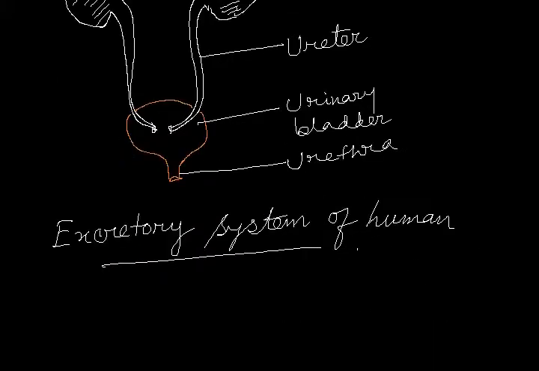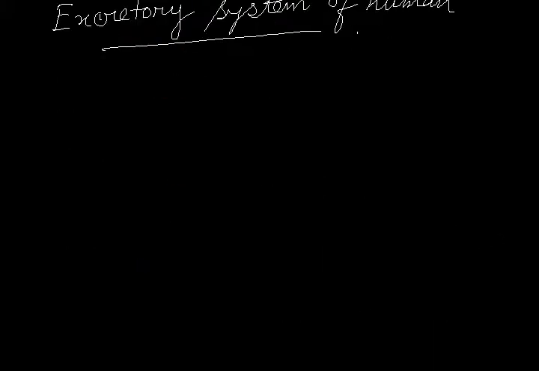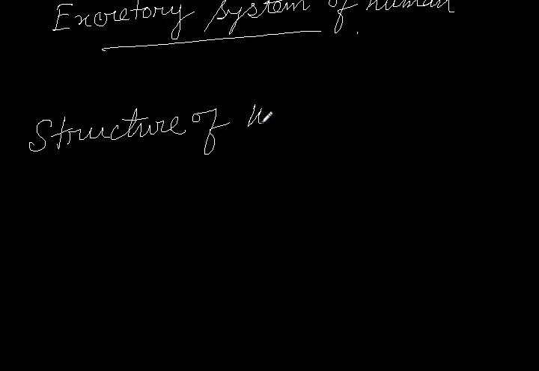Now, we already got that the kidney is the main excretory organ. Now we have to know the detailed structure of the kidney. Structure of kidney.